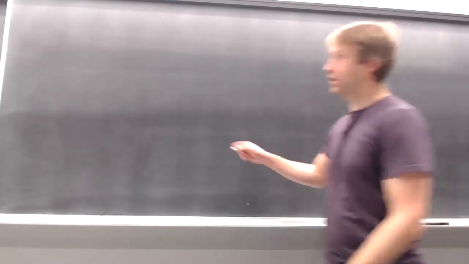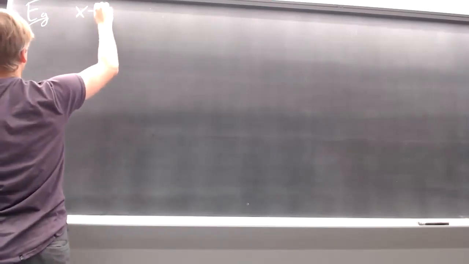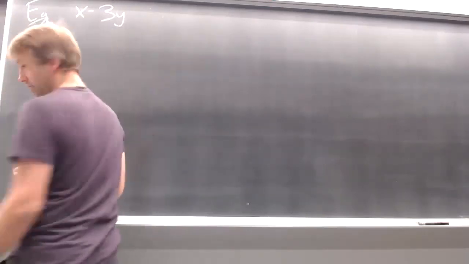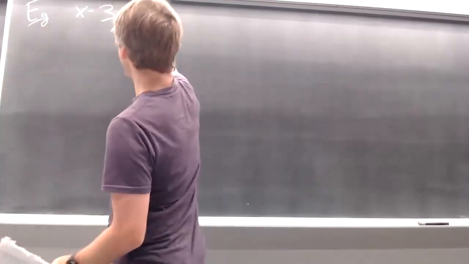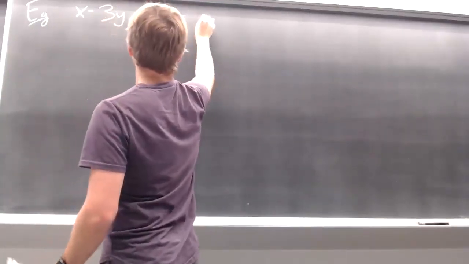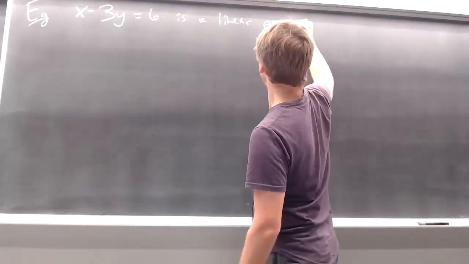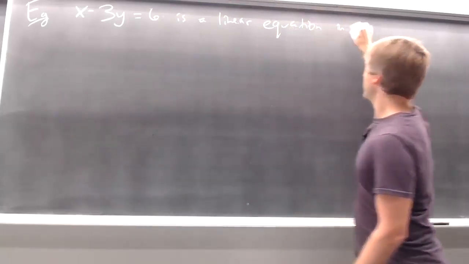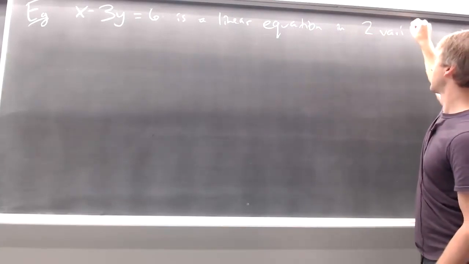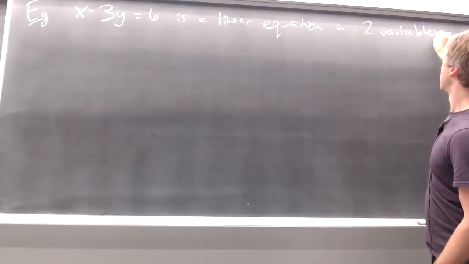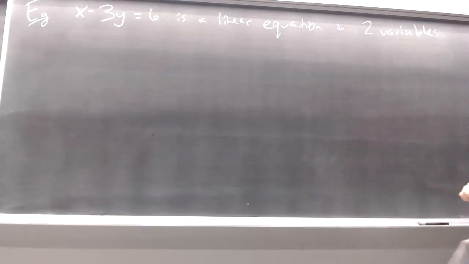Okay, so as another example, x minus, let's say 3y equal to 6 is a linear equation in 2 variables.